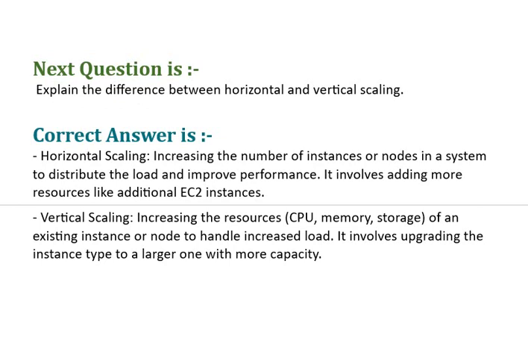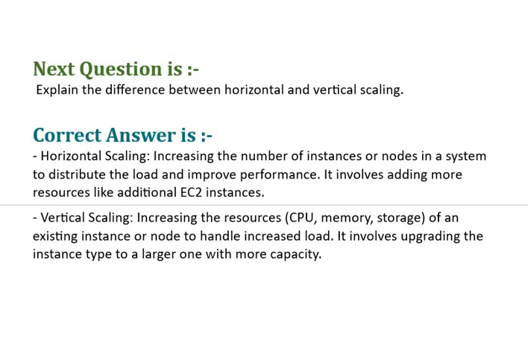Vertical scaling, increasing the resources, CPU, memory, storage of an existing instance or node to handle increased load. It involves upgrading the instance type to a larger one with more capacity.